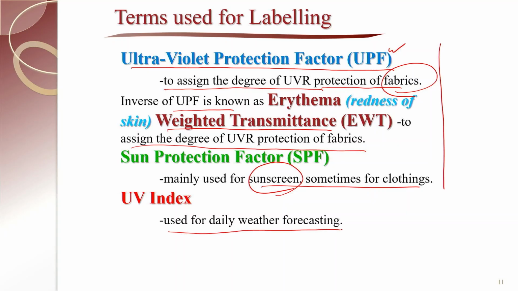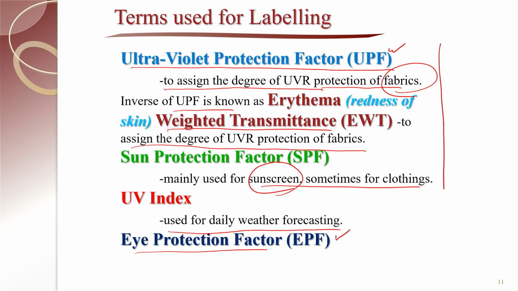So, you must know what the UV index is in a particular place or at a particular time. Another labeling is the eye protection factor, EPF. For designing sunglasses, we need EPF as a factor. So, it is used for sunglasses.